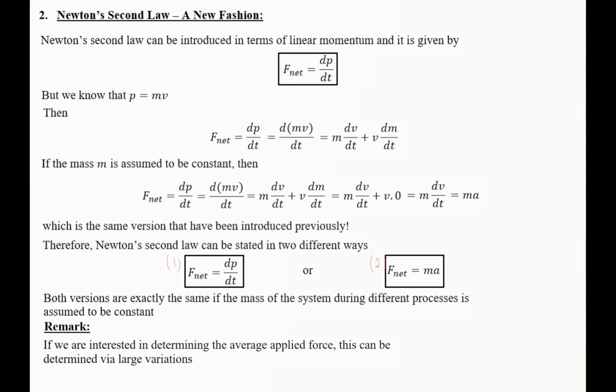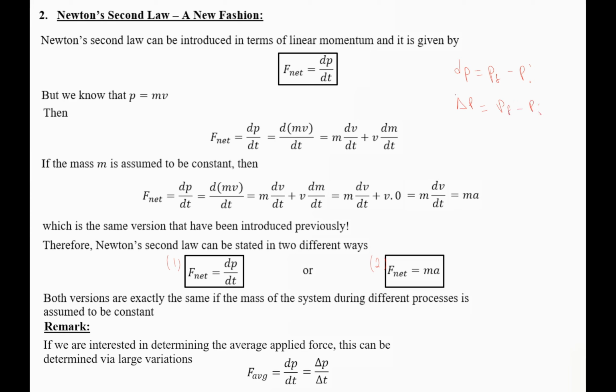Remark: if we're interested in determining the average applied force, this can be determined via large variations. So if we're talking about the average force applied, then dp by dt can be utilized as what? As delta p by delta t, because dp is given by p final minus p initial, and delta p is given by p final minus p initial.